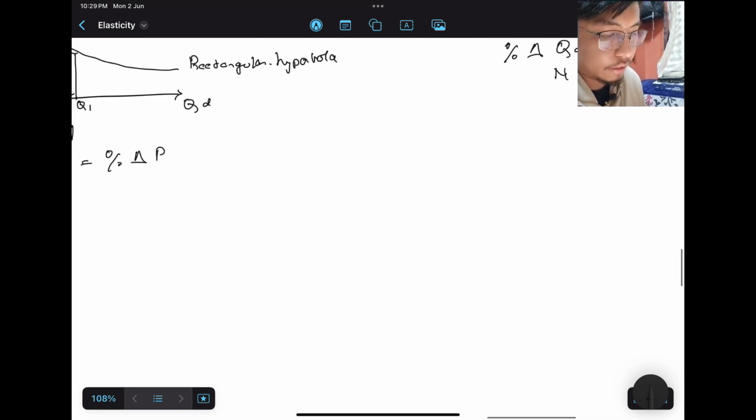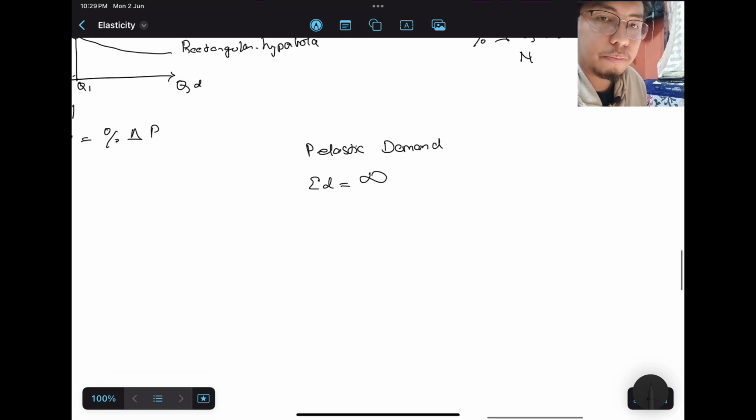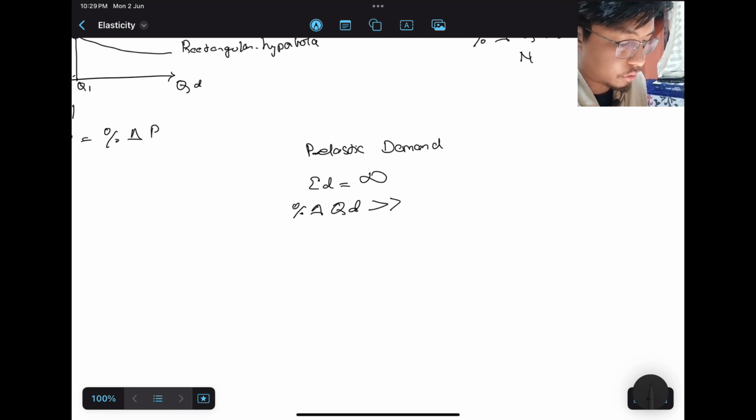Now perfectly elastic demand, where ED value is infinity. Perfectly elastic demand means, for a small change in price, your percentage change in quantity demanded is huge, or even infinity.